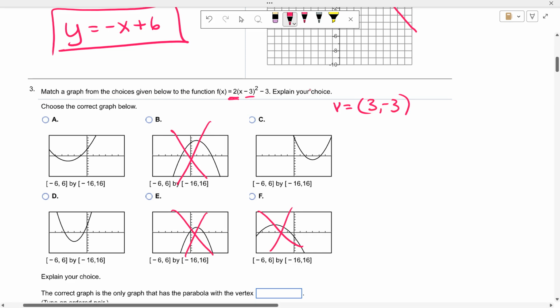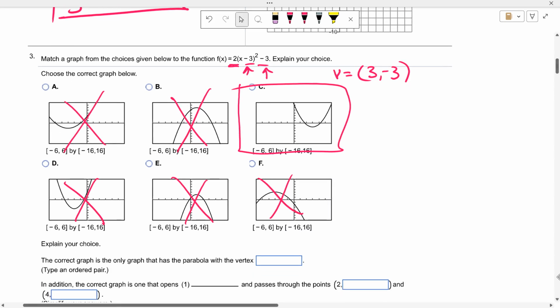The opposite of the inside, same as the outside. So it's 3, -3. So it's not that or that, so it must be that. Okay. So the vertex is at 3, -3.